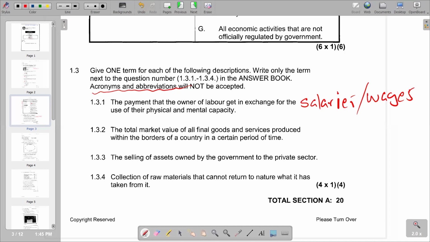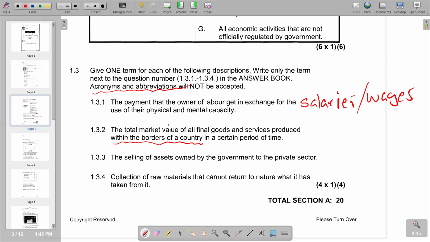Then we've got 1.3.2, the total market value of all kinds of goods and services produced within the borders of the country at a certain period of time. So the key area that we have in this explanation is within the borders of the country. So when it's within the borders of the country, it's gross domestic product. It's being produced domestically in the local economy. So it doesn't matter the nationality of the businesses or the people that are producing those goods and services.